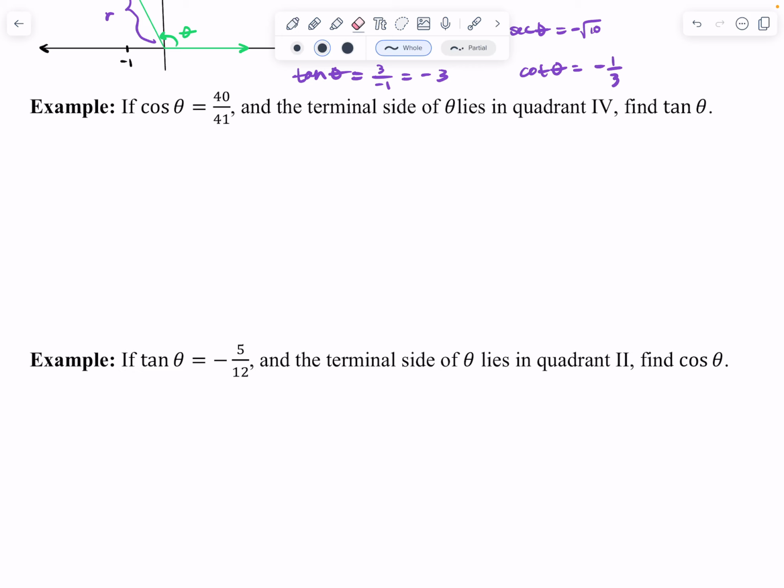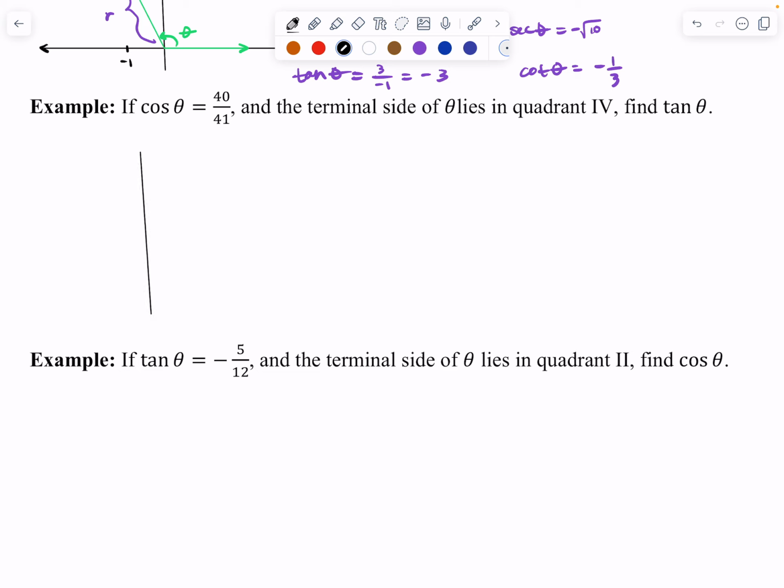It'll come up again in vectors, and I feel like I've seen this on standardized testing, like the SAT. But looking at this problem, if cosine theta is equal to 40 over 41 and the terminal side of theta lies in quadrant 4, find tan theta.